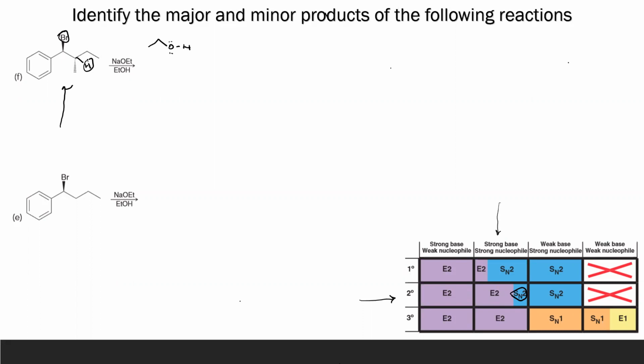So what we need to do in order to figure out what product we're going to get is figure out what that anti-periplanar configuration is going to look like. And there's a couple ways to do it. First thing I'm going to do is show you guys with the Newman projection. So if we're looking from this direction here, you've got your bromine, you've got your phenyl, and you've got a proton.